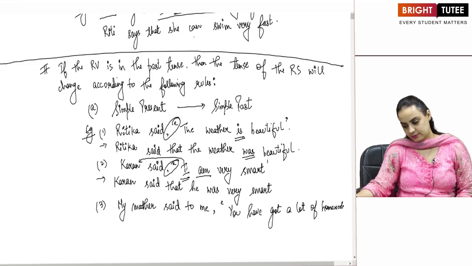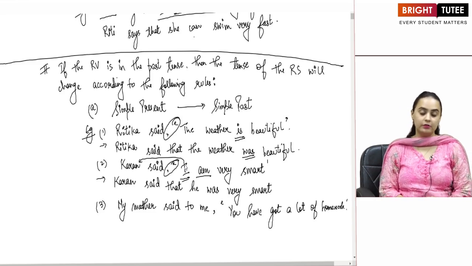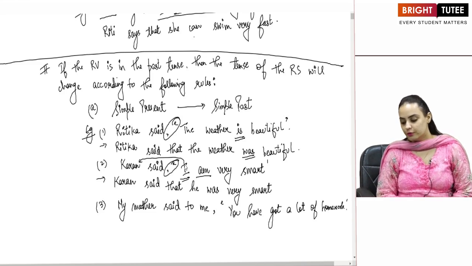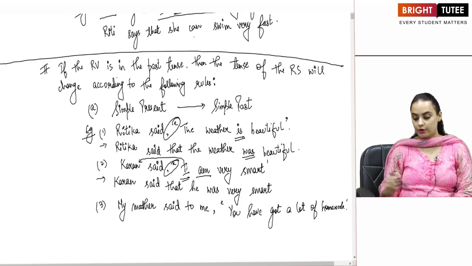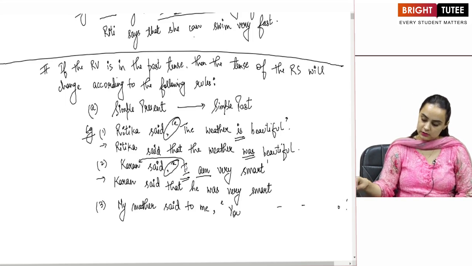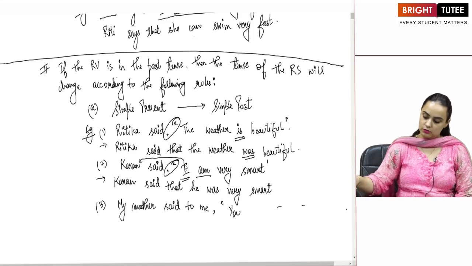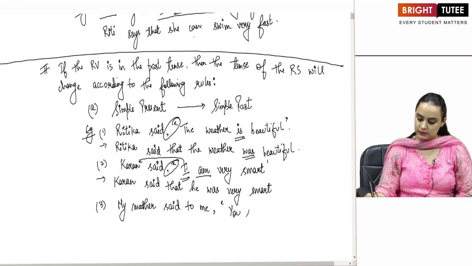So this is a little bigger sentence. So my mother said to me, you have got a lot of homework. Okay? Or rather, let me make it a shorter one. My mother said to me, you speak a lot.